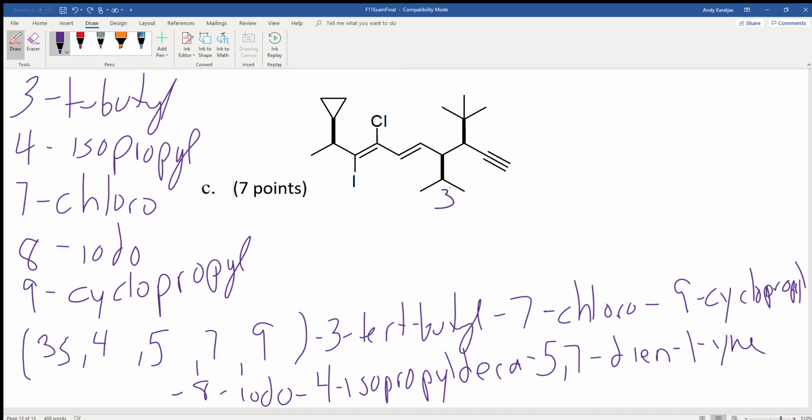So that's going to be lowest priority. Going over this way, we then get to the tert-butyl as well as the alkyne, which count as carbons bonded to 3 carbons. That's going to be higher priority than the other end of the alkene, which is just going to be bonded to 2 carbons. So again, we go counterclockwise, and we have 4S.